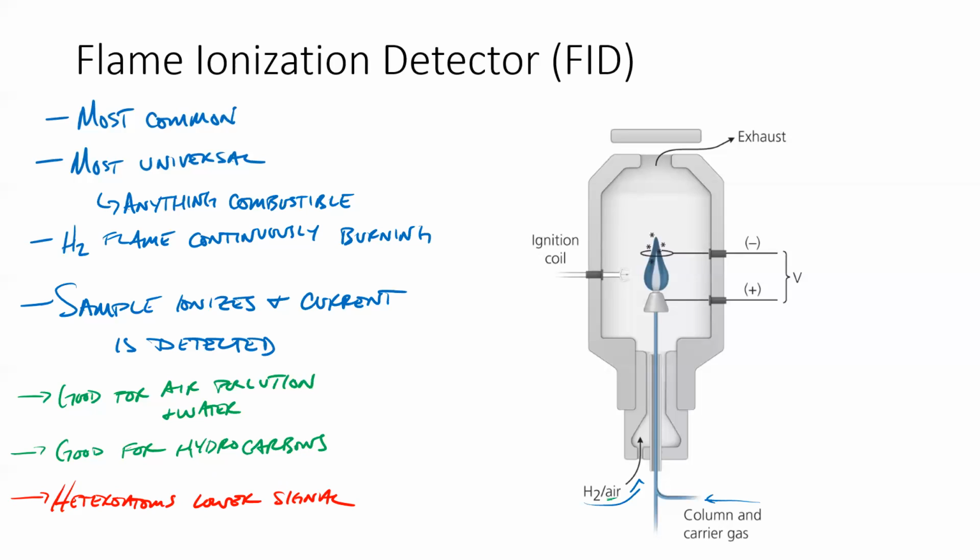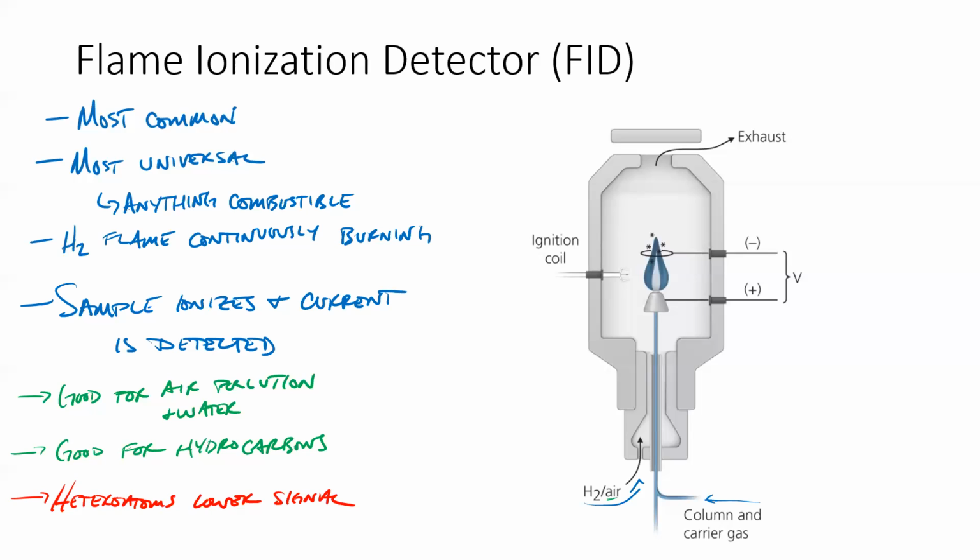So FID, most common, you have the issue of having hydrogen around the lab. Most labs that do a lot of GC have a hydrogen generator rather than a tank of hydrogen. And so this just takes air around the lab and takes the water in there, electrolyzes it so that you get H2 and O2.